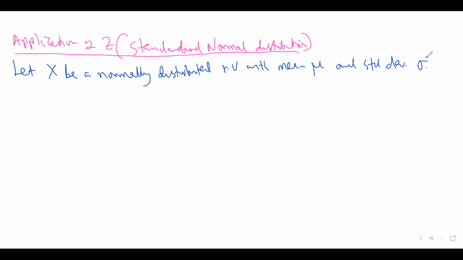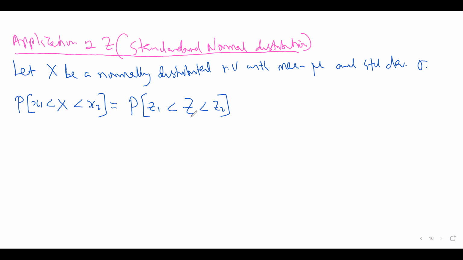The probability that x lies between x1 and x2 is the same as the probability that z lies between a z1 and a z2.